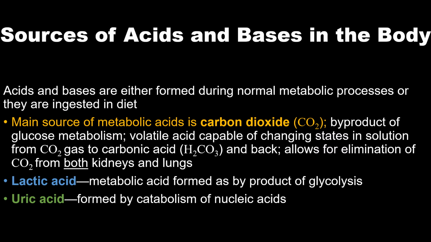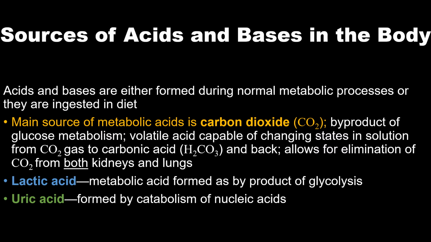And carbon dioxide is known here as a volatile acid because when it's in solution, it is able to change states from carbonic acid back to carbon dioxide gas. And it allows carbon dioxide to be eliminated through both the lungs and the kidneys.